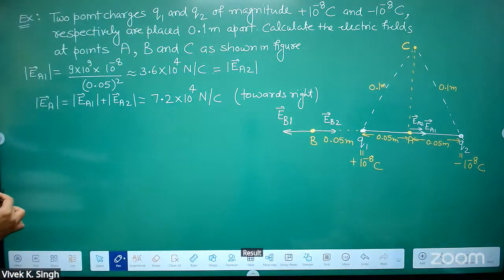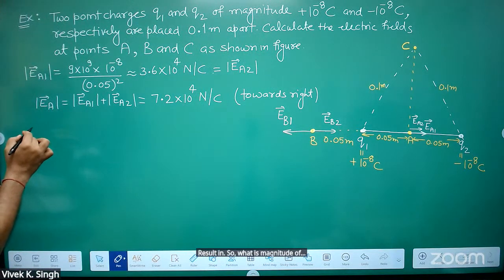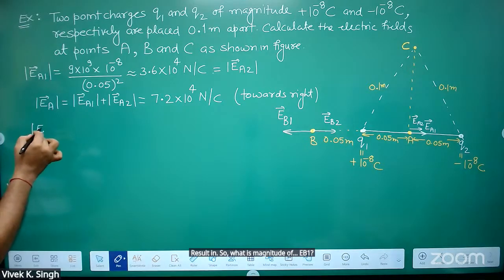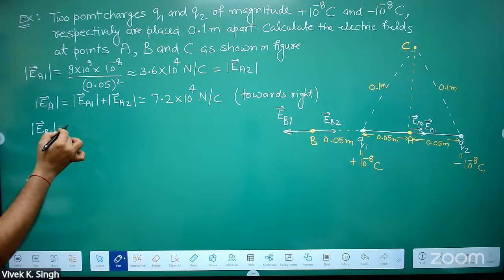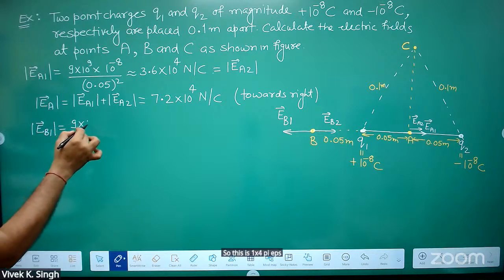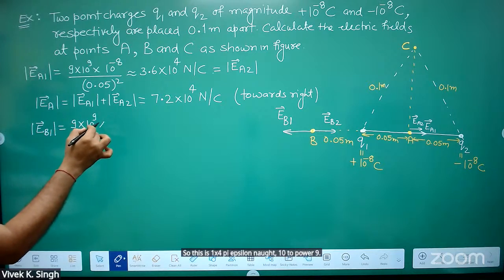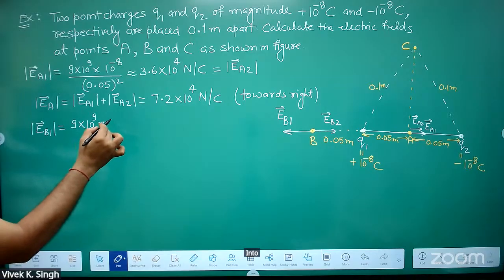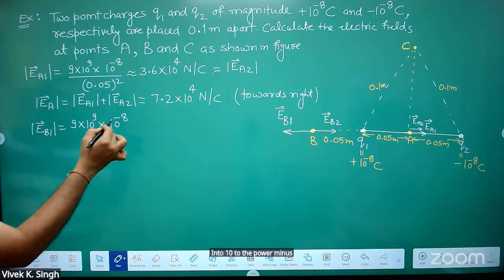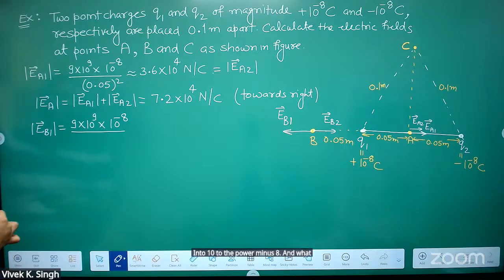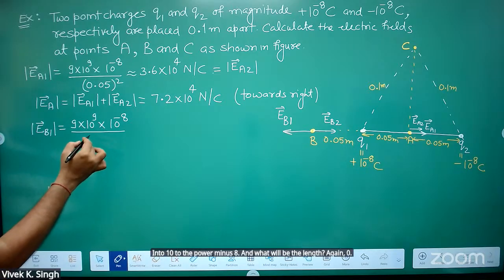So what is the magnitude of EB1? This is 1 by 4 pi epsilon naught, 10 to power 9 into 10 to power minus 8. And what will be the length? Again 0.05.